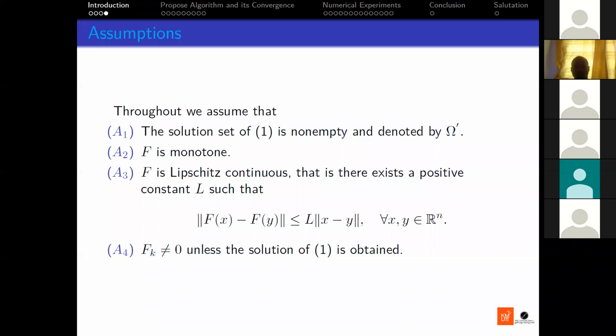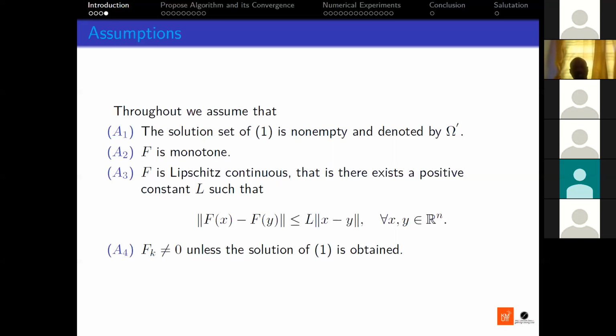And have you ever supposed the assumption A2 fails to satisfy? I mean, in the numerical experiments, have you ever tried F not monotone to see what happens?